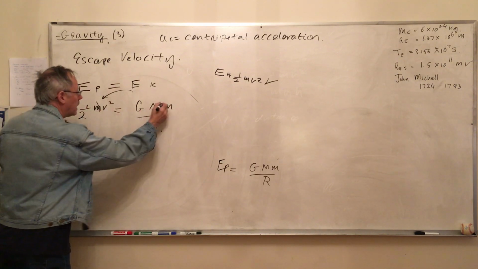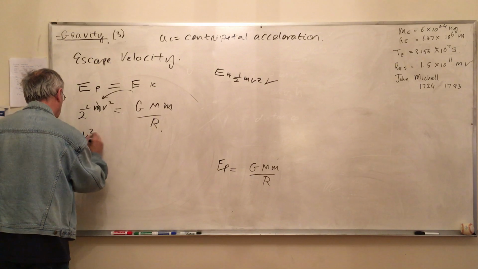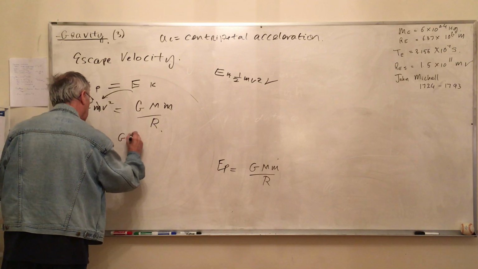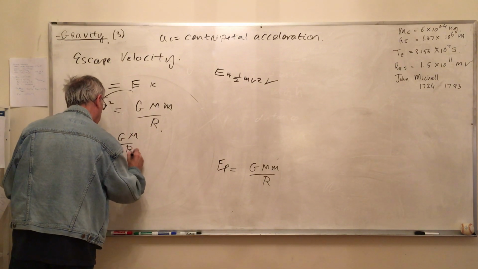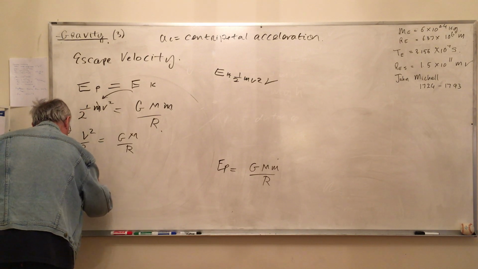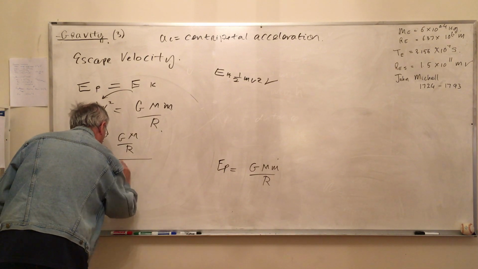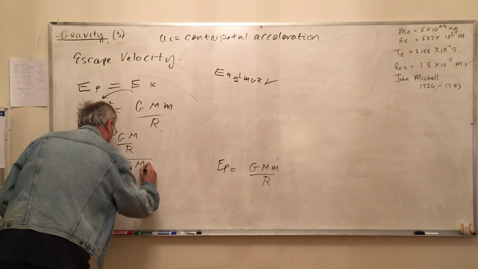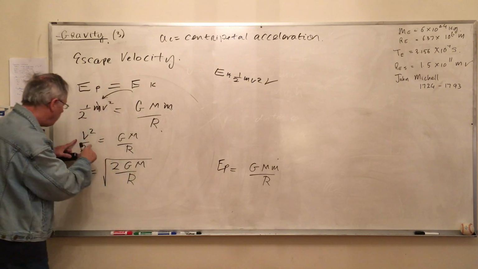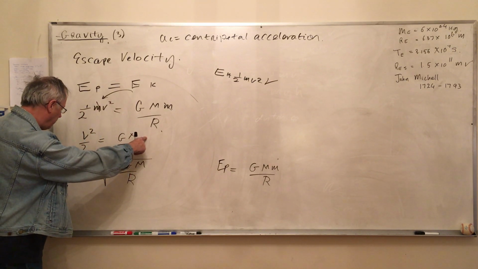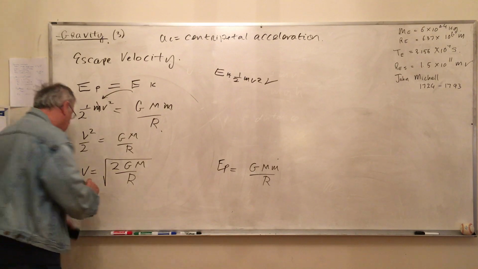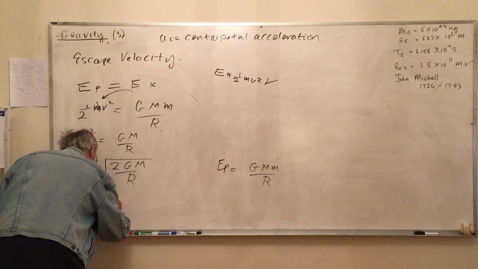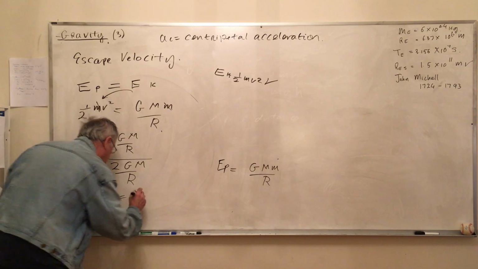We can cancel the little m's again. Solve by multiplying by 2 and taking the square root, we get an expression for the escape velocity.